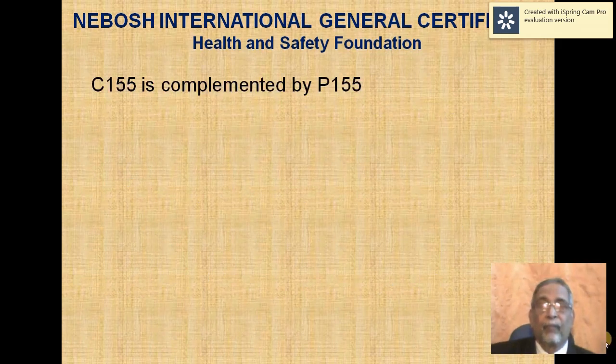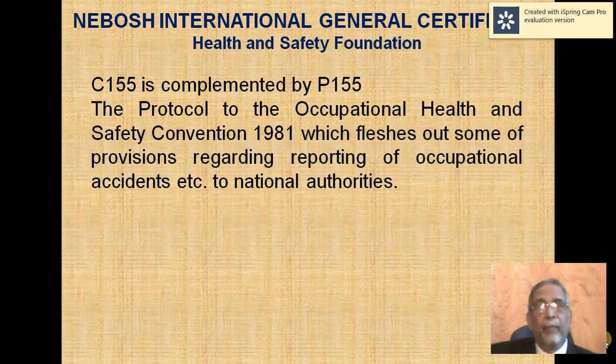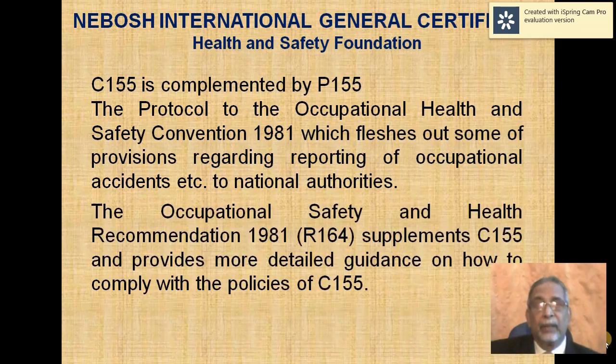The Occupational Health and Safety Convention, C155, is complemented by P155, the Protocol to the Occupational Safety and Health Convention 1981, which fleshes out some of the provisions regarding reporting of occupational accidents, etc., to the national authorities.